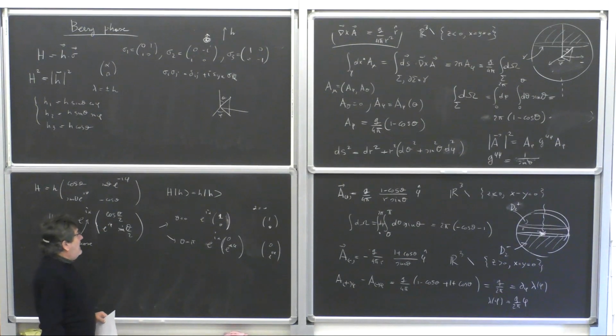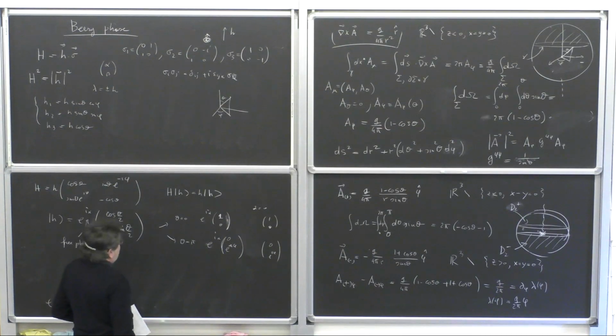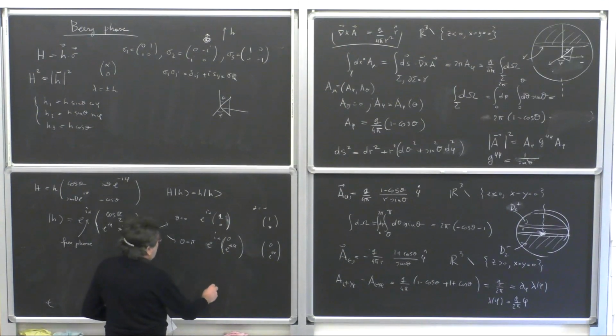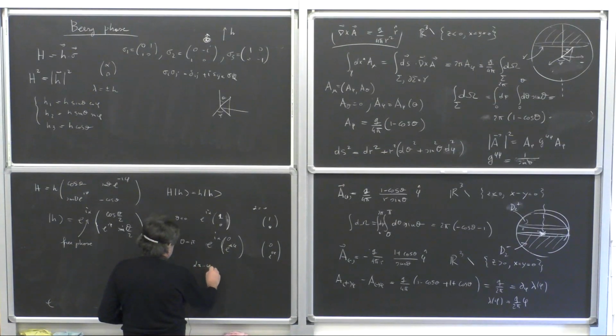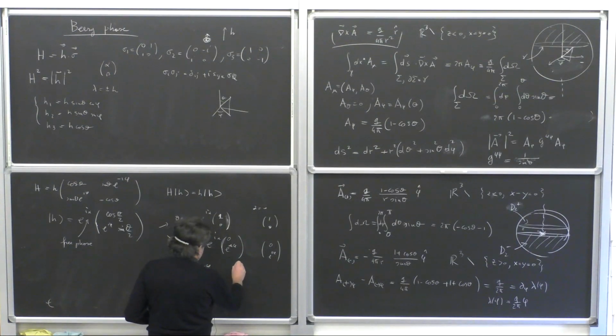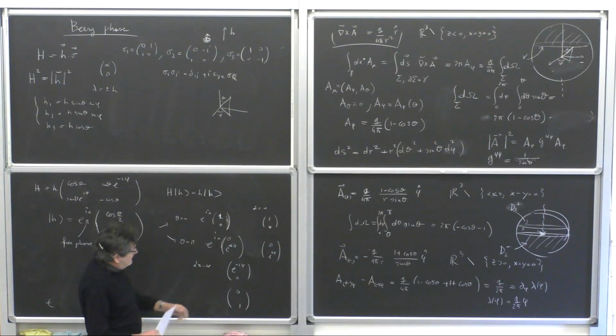Or I can say, well, let me put alpha equal to minus phi. Then it is (e to the minus i phi, 0) and (0, 1). So this is now well defined at the lower pole, at the south pole, but not well defined, multi-valued at the upper pole.